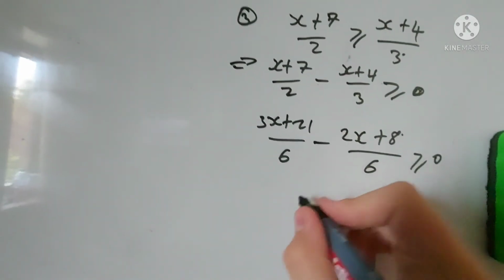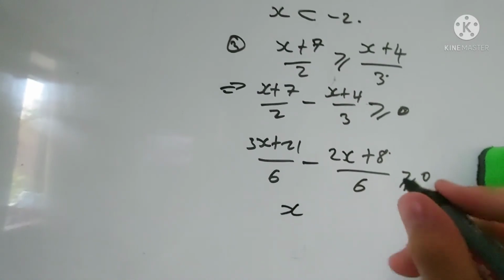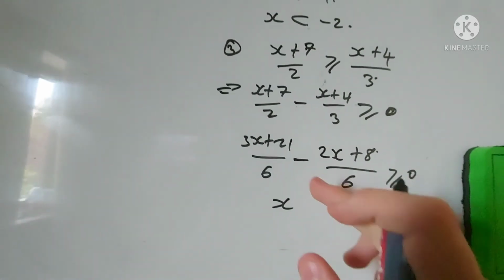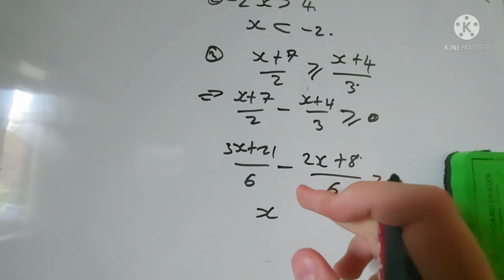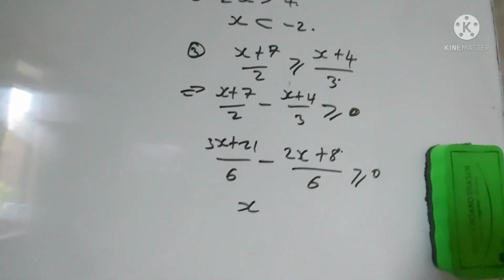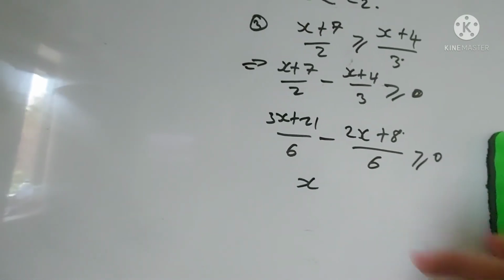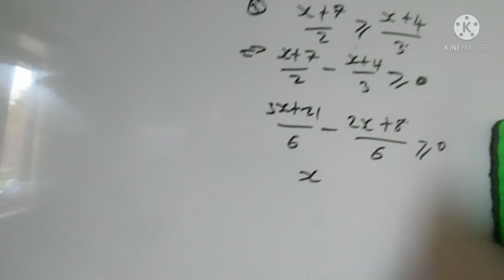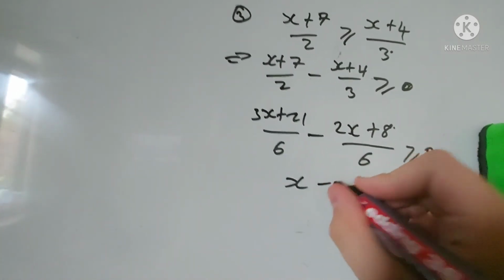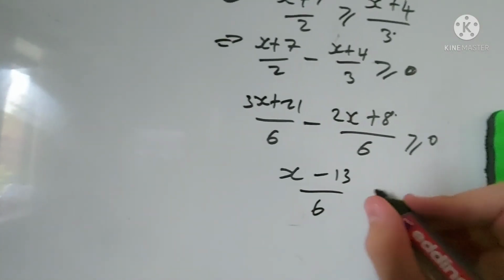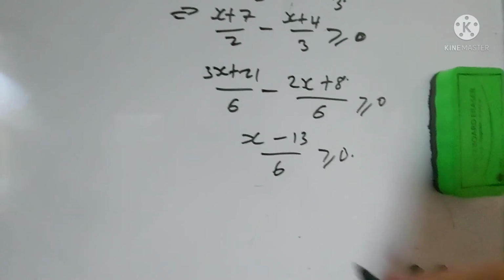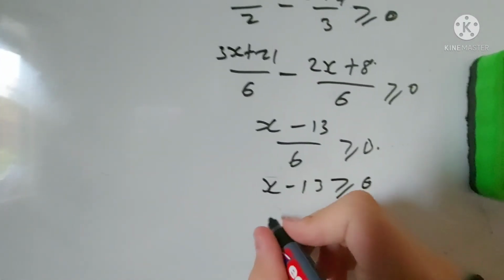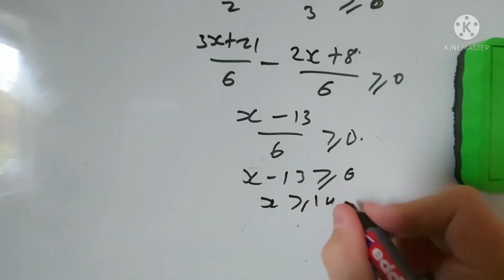I can combine them, so adding the negative, it'll be 21 add minus 8, so that will be x plus 13, all over 6 is greater than or equal to 0. And we get x plus 13 is greater than or equal to 0, and we get x is greater than or equal to minus 13.